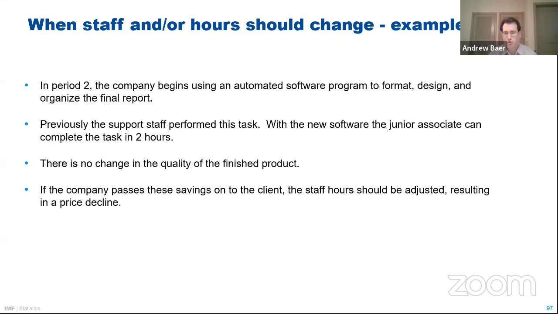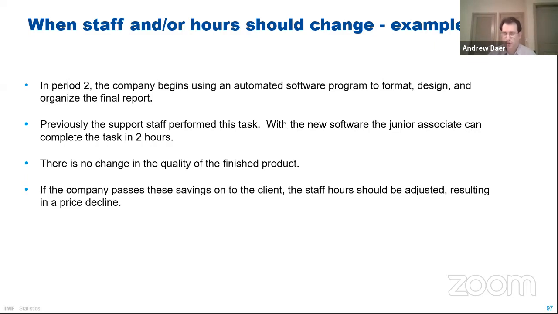Let me show you what I'm describing there. Let's say in period 2, the company begins using an automated software program to format, design, and organize the final report. Previously, the support staff performed this task, but now with the new software, the junior associate can do it themselves in 2 hours. But the product that the customer gets is still exactly the same.